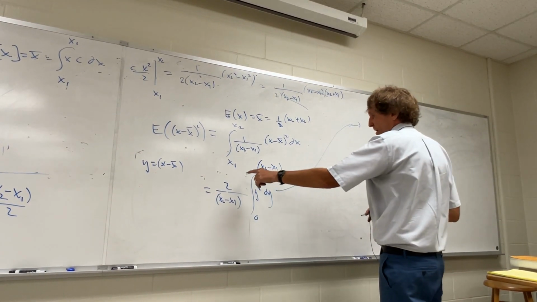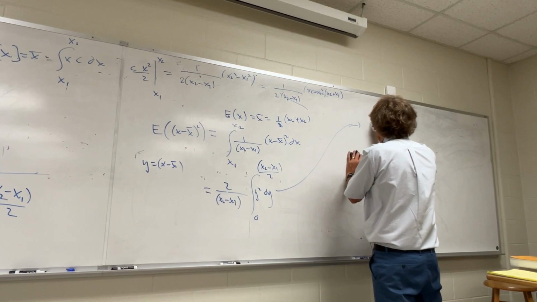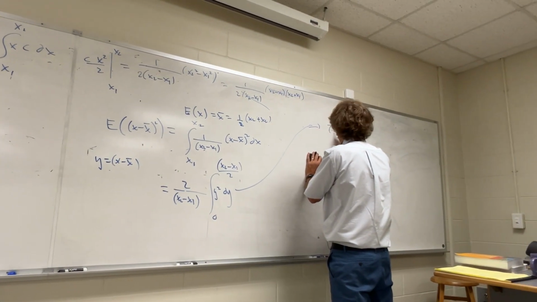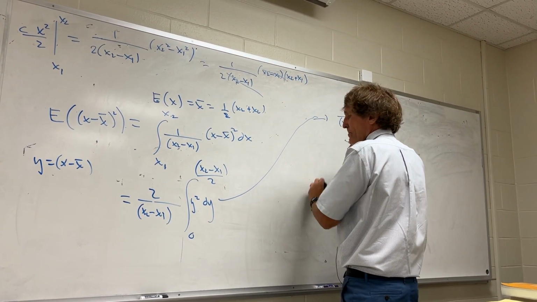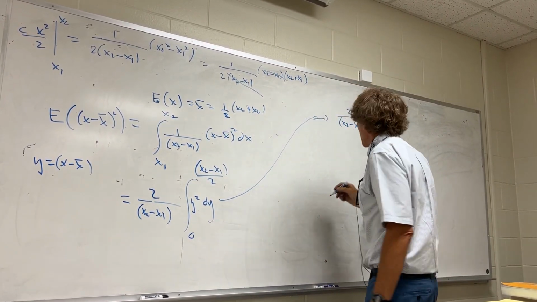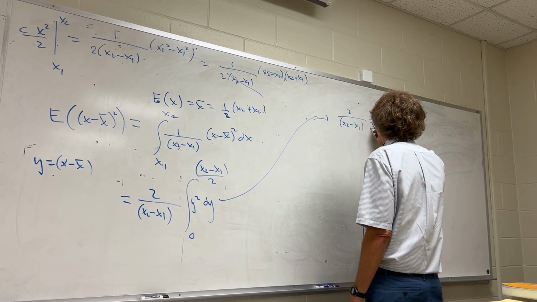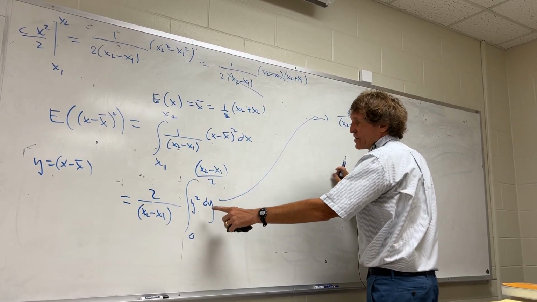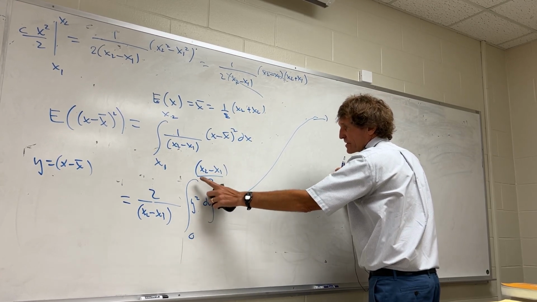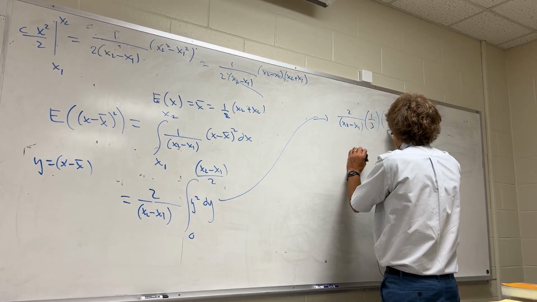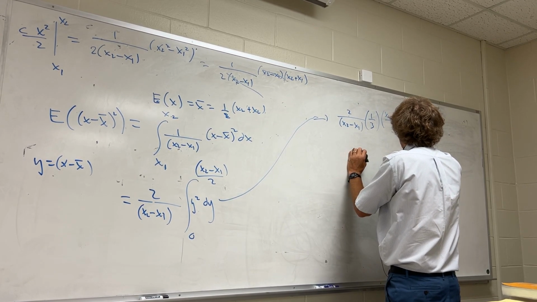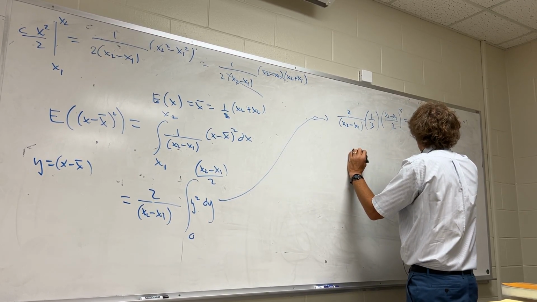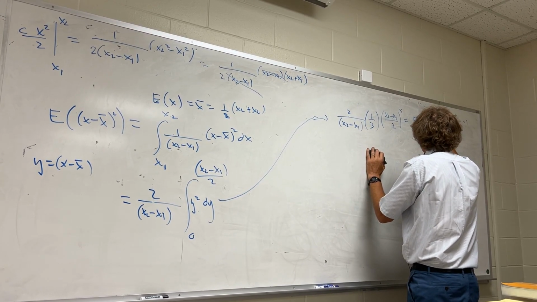Now, take out the front 2 over x2 minus x1. The integral of y squared is y cubed over 3, so it becomes 1/3. And y cubed evaluated top to bottom, well, the bottom is 0 on purpose. So it's really going to be x2 minus x1 over 2 cubed, and that would be the expected value of x minus x bar squared.